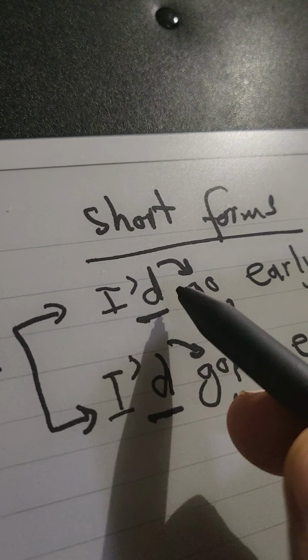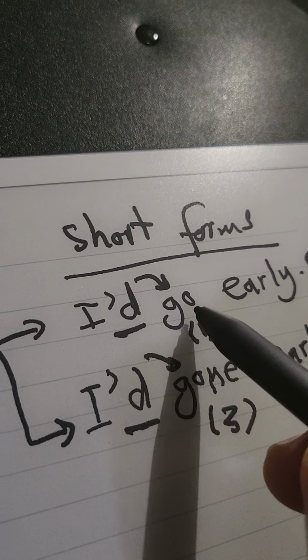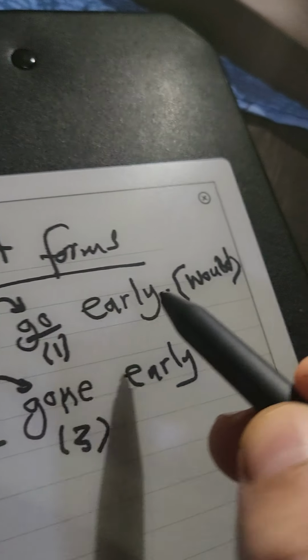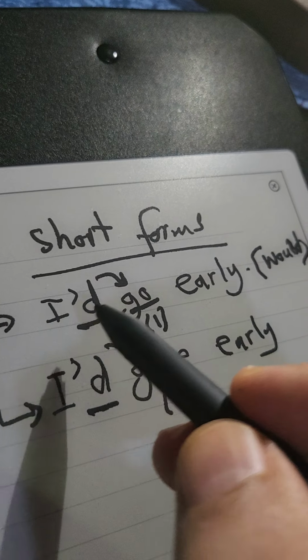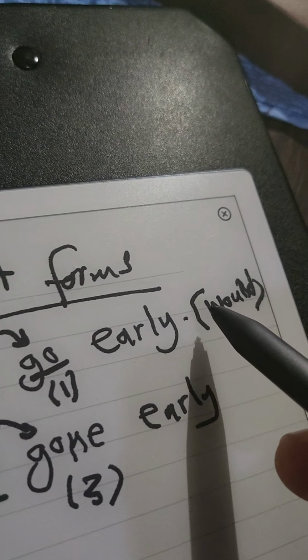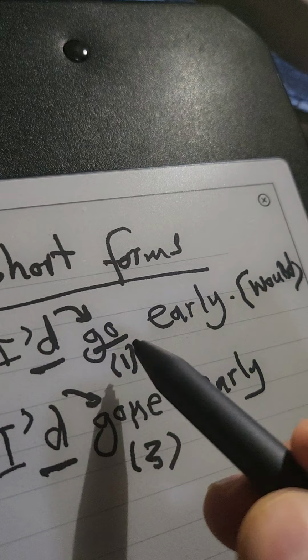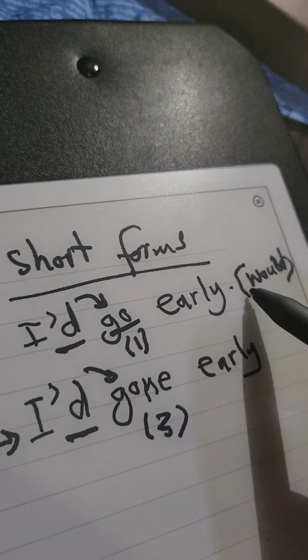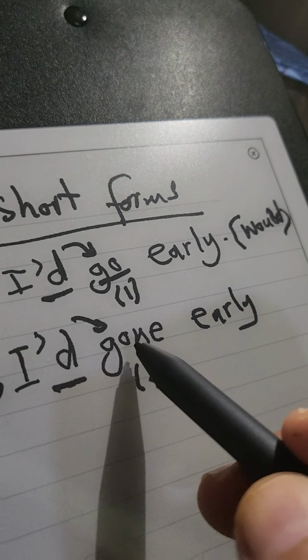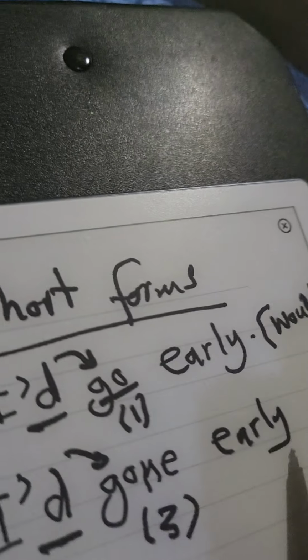So I would go. If you have the first form of a verb, I'd go means I would go. I'd play, I would play. I'd sleep, I would sleep. I'd speak, I would speak. But if it is followed by the third form of a verb, it's had.